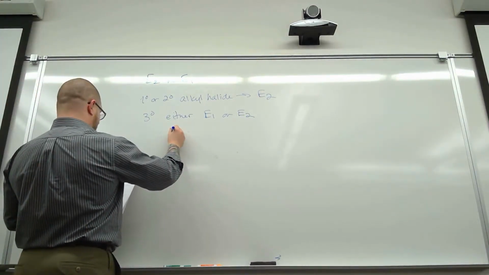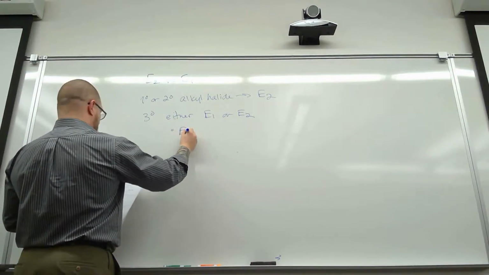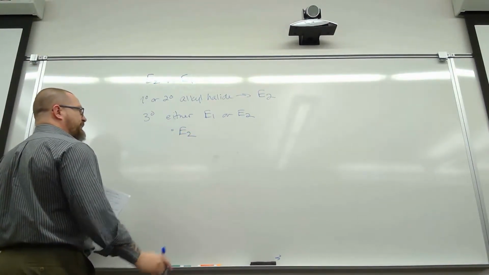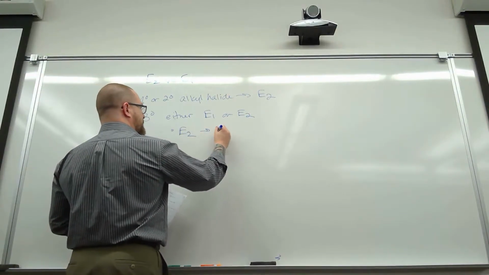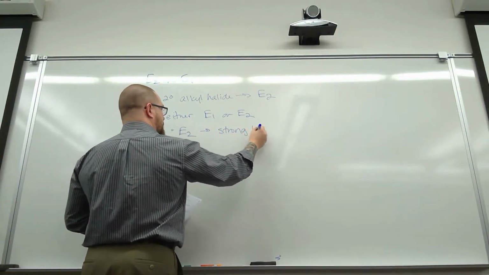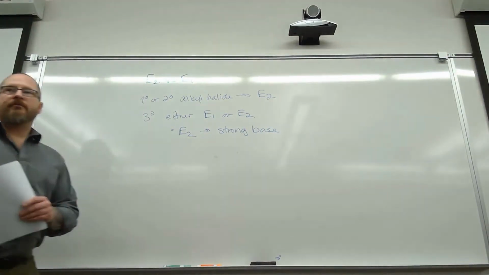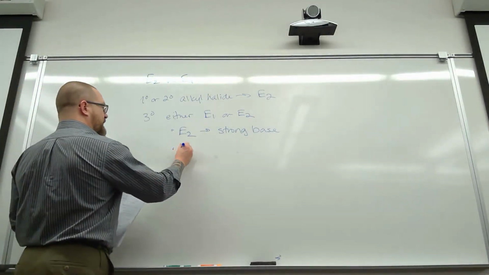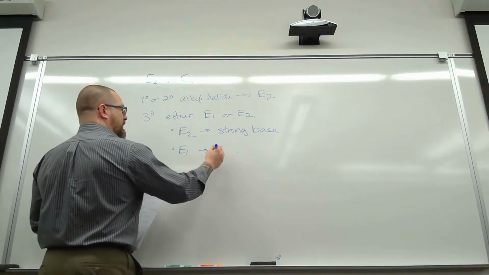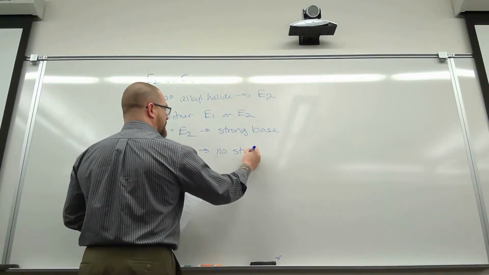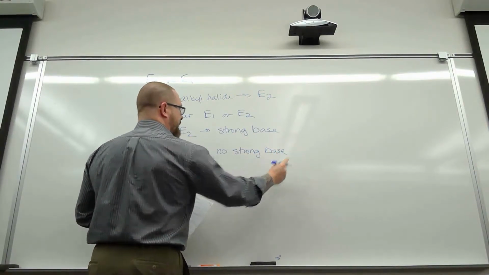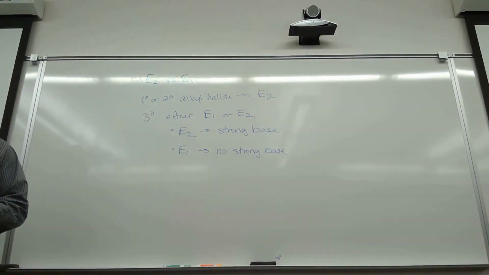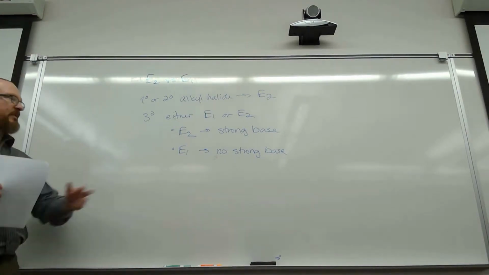If you have something which has a high concentration of a strong base, then you'd expect to see an E2 mechanism of elimination. If you have no strong base, so you have these very weak bases like water or methanol or ethanol as the solvent, that would be when you'd expect to see the E1.